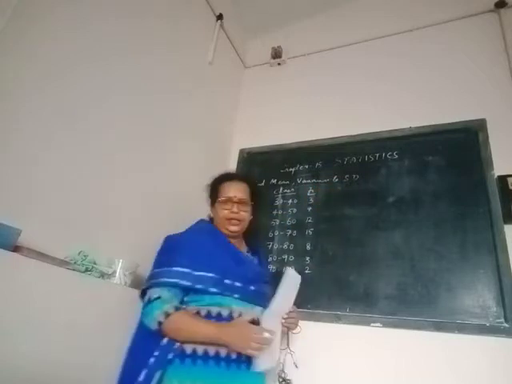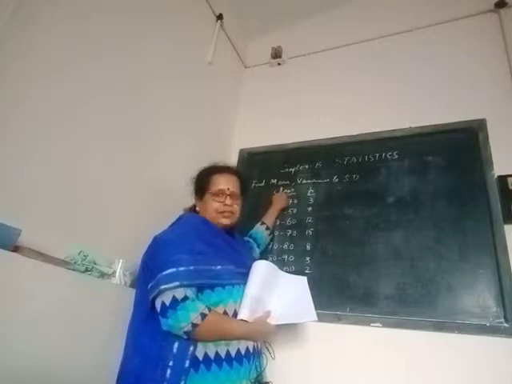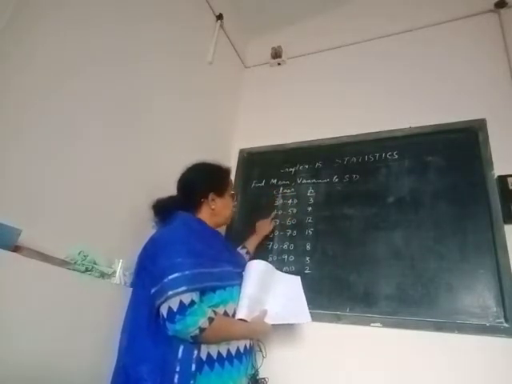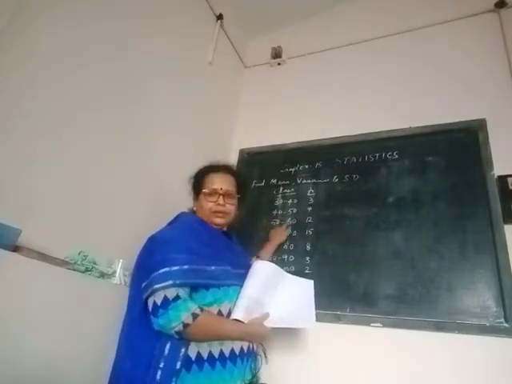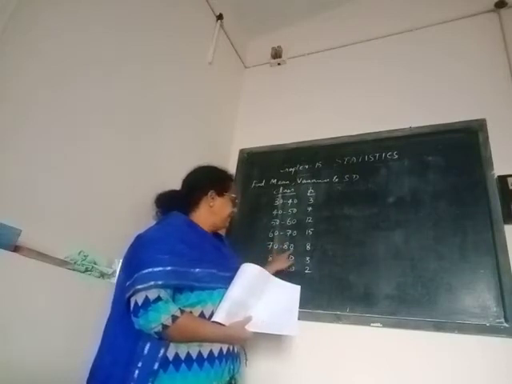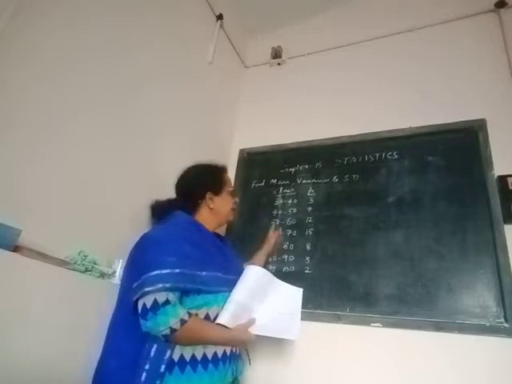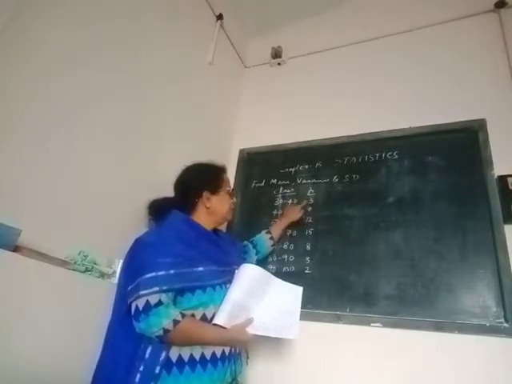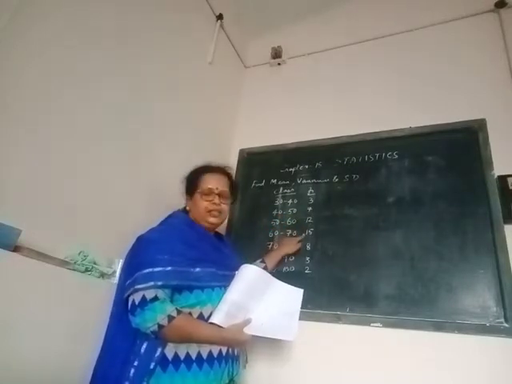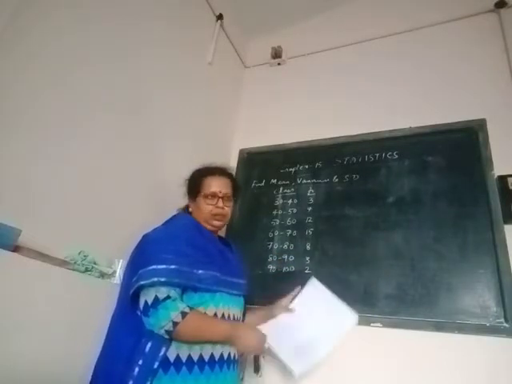Find mean, variance and standard deviation. For that, here classes are given instead of xi values. Class 30 to 40, 40 to 50, 50 to 60, 60 to 70, 70 to 80, 80 to 90, 90 to 100. The next column, frequency, is given: 3, 7, 12, 15, 8, 3, 2.